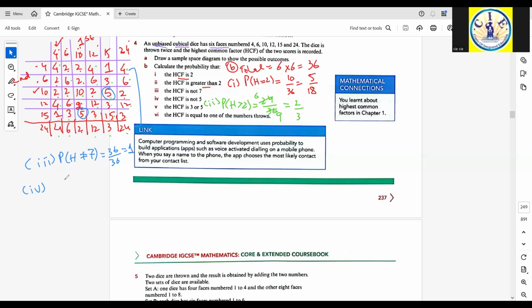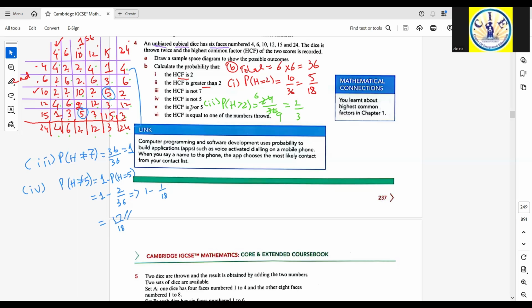So the probability that HCF is not equal to 5, that is 1 minus the probability that HCF is 5. 1 minus 2 by 36 means 1 minus 1 by 18, which is 17 by 18. So that's the answer to part number 4.